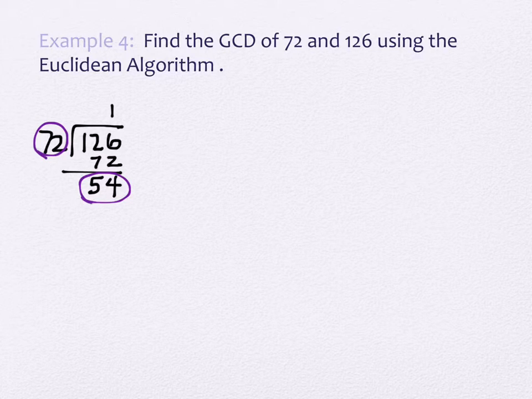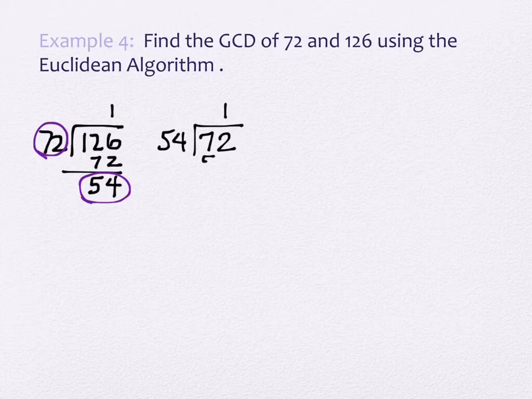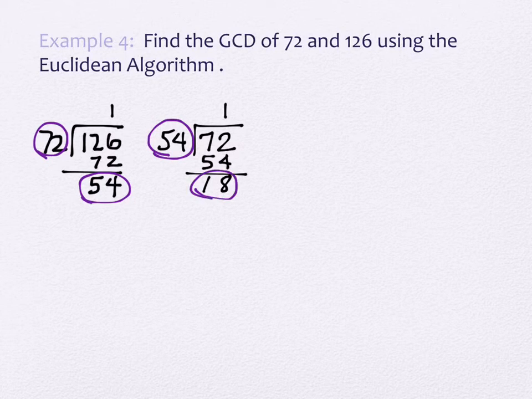So we're going to divide what was previously on the outside, 72, by the remainder, which is 54. So how many times will 54 go into 72? Once. 1 times 54 is obviously 54, and if I subtract, what do I get? 18.